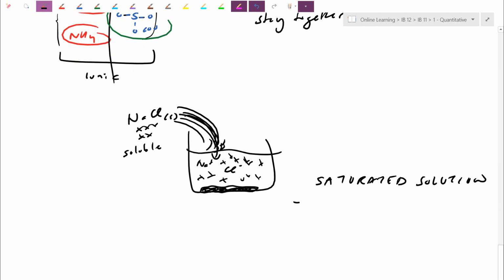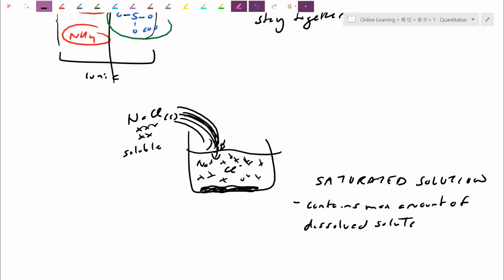A saturated solution contains the maximum amount of dissolved solute. I only had so much water, so many places that the solids can dissolve into for the liquid. If you totally fill up all those pores and all those holes, I can no longer dissolve anymore. That's now become saturated.